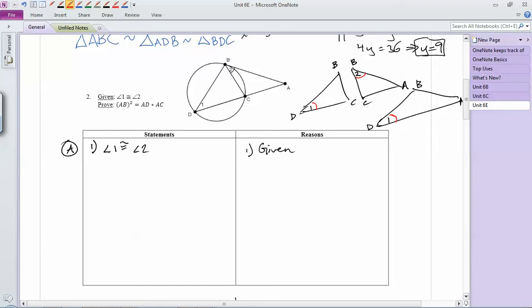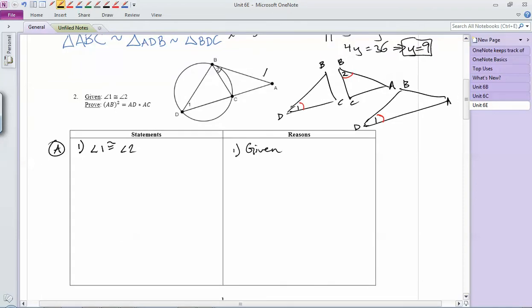By the way, I drew all three. I don't know which two I'm going to use yet, because you're going to try and figure out which two triangles are similar. So that's what we've got so far. So then the next goal is to figure out, is there any other angles that I can match up for sure? And the ones that you can definitely match up is angle A with itself, because here's an angle A right here, and here's an angle A right there, and they're the same exact angle in the original picture.